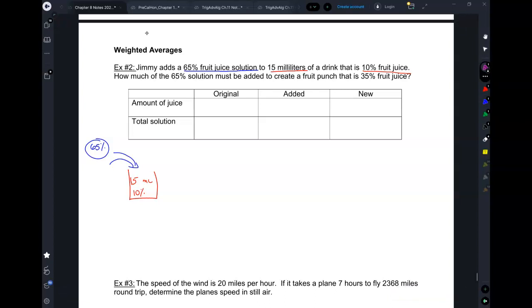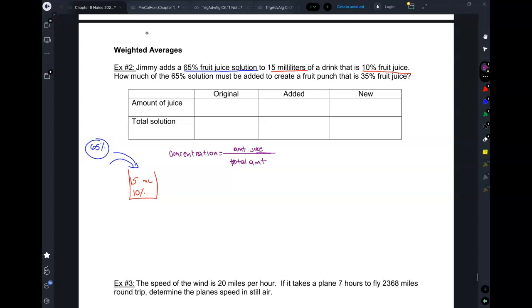So let's remind ourselves, what is concentration? Concentration in this case is basically the amount of juice over the total amount of solution. Okay? So if I have a total, like 1 gallon, how much of that is actual juice?